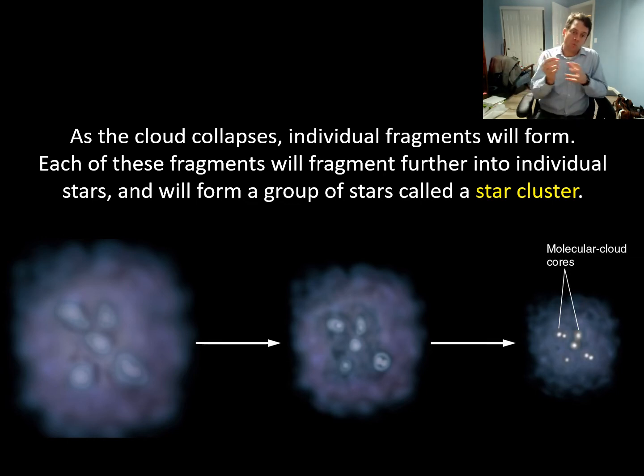And so each one of these fragments is going to further fragment and continue to collapse. And the upshot, to cut to the chase, is that individual stars are going to form within this molecular cloud at very similar times. The cloud as a whole is collapsing, but you're going to get sub bits of that cloud that are going to collapse faster than others. And that's where stars are going to be formed.